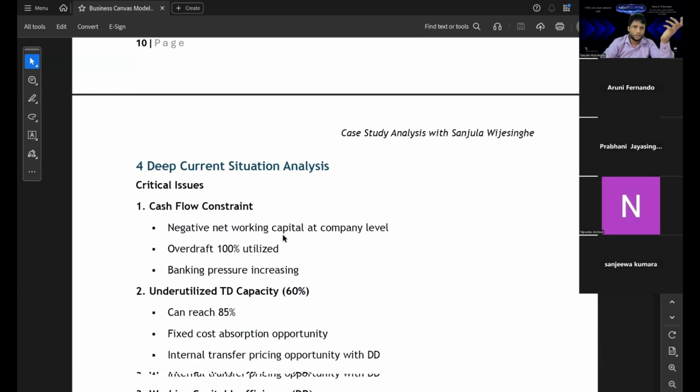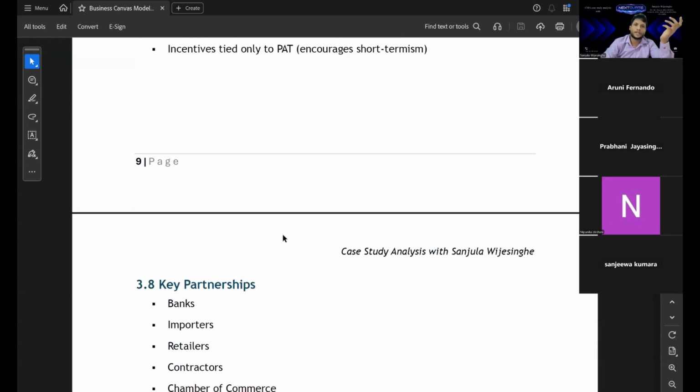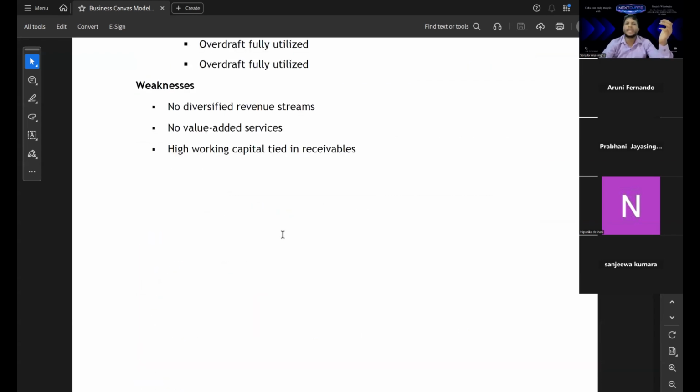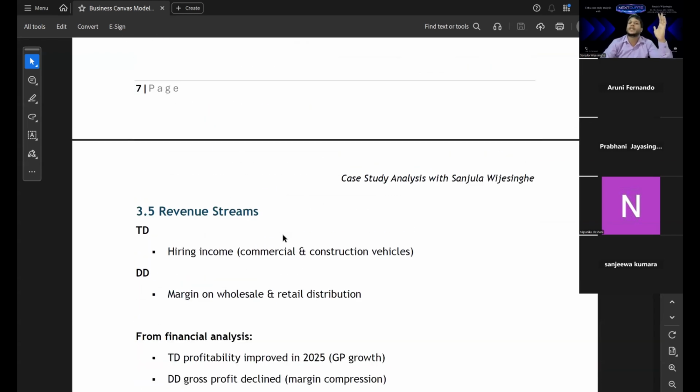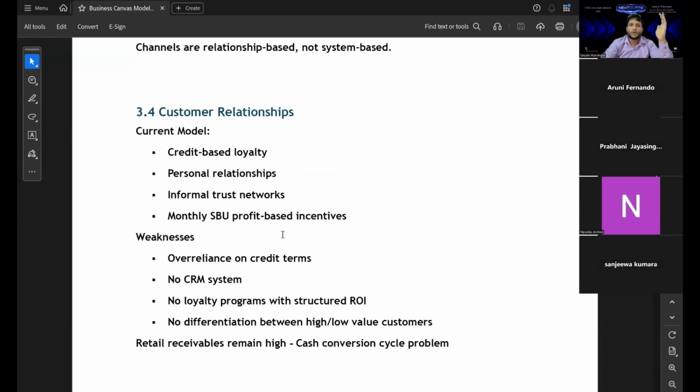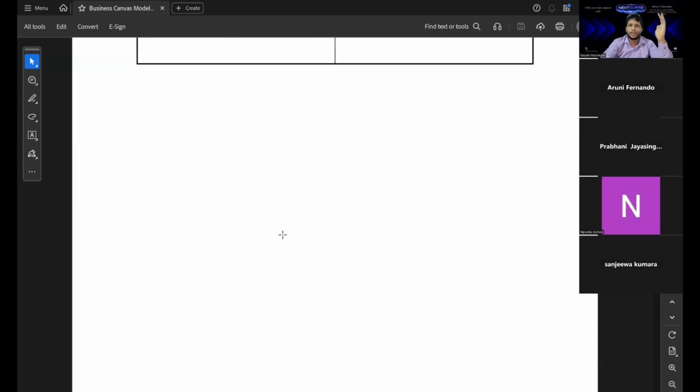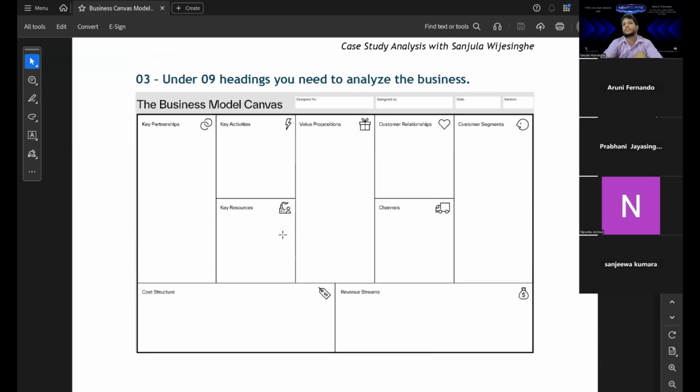Then there is also the business canvas. Now you see each and everything we discuss in the classroom, the only thing you take is that discussion into this small piece of paper. Right now, before we discuss, okay, right?